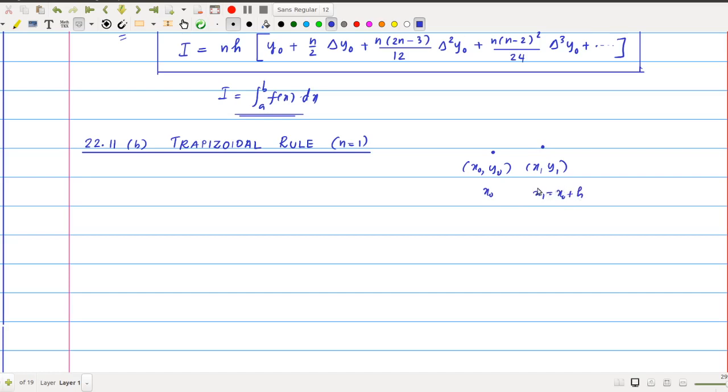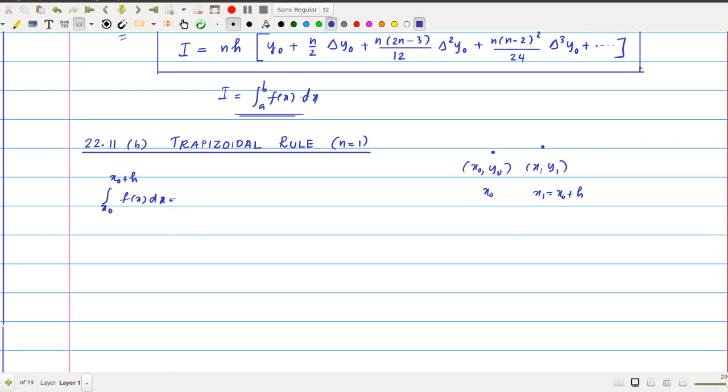So we use these 2 points to approximate the function f of x. Then we can write this as the integral from x0 to x0 plus h, that is x1, of f of x dx.